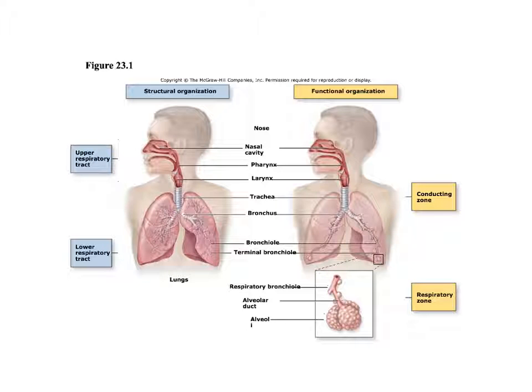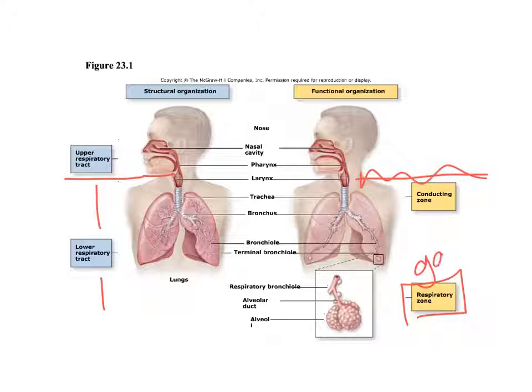Okay, now here's a picture of what the structure looks like. So upper respiratory tract is going to go up to here. Okay, and then lower respiratory tract. Okay, conducting zone goes down to about here. Okay, and then conducting zone is any place where there isn't gas exchange. Okay, so we can only have gas exchange in the respiratory zone.